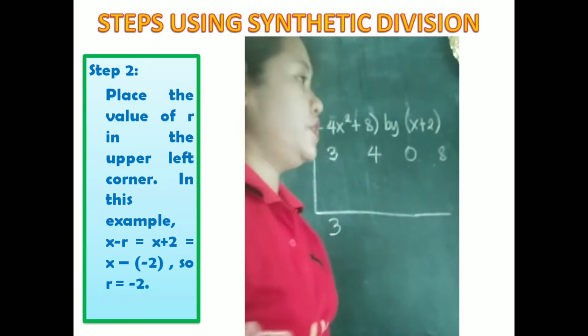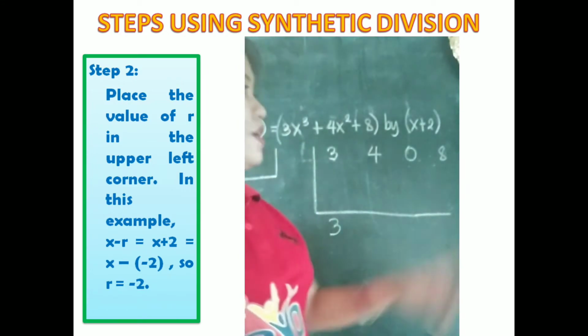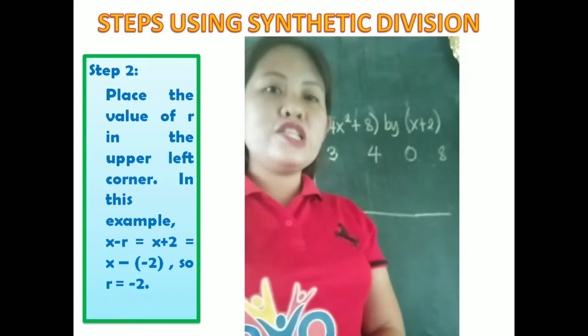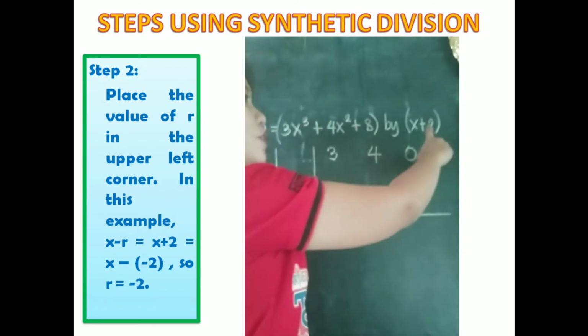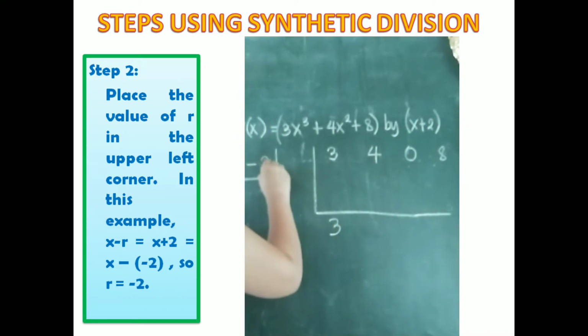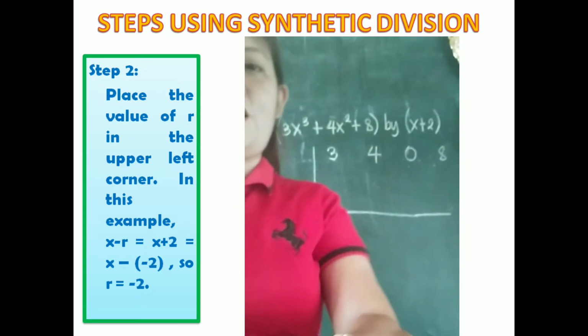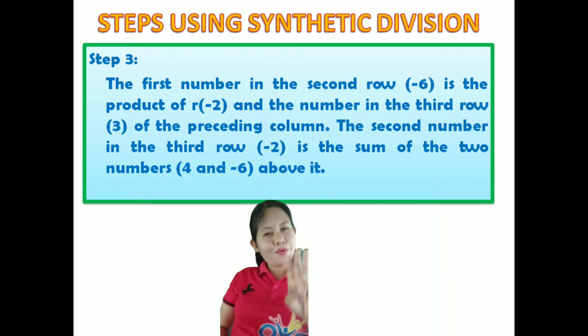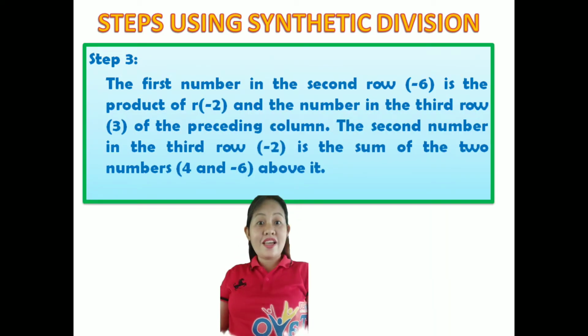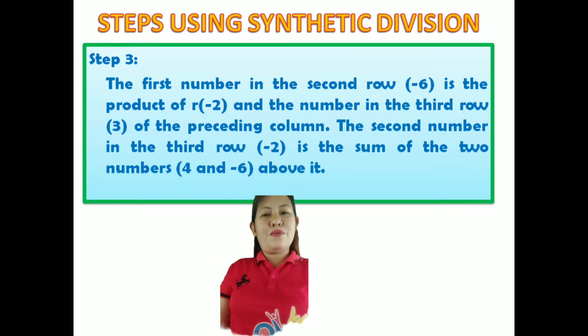Okay, step number 2 tells us to write the divisor in the upper left corner. And our divisor is x plus 2. By inspection, the value of r is negative 2. Okay, we have negative 2 as our divisor. Step 3. The first number in the second row, negative 6, is the product of r, negative 2, and the number in the third row, 3, of the preceding column.